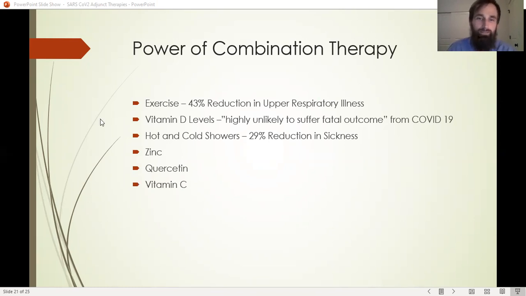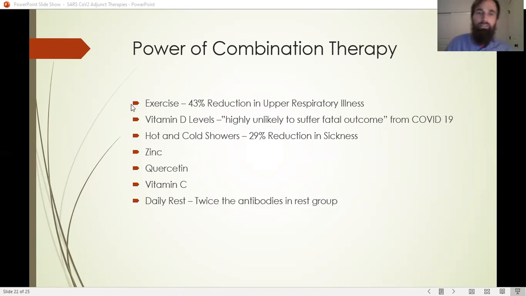Vitamin C, very important for the immune system. So if you just did one of these, you can see how powerful some of these are. If you just did one of these, you're going to be way better off. If you exercised 5 days a week, you're going to be way better off. If you did vitamin D checks and got your vitamin D up to a good level, if you just only did that, you're going to be way better off.